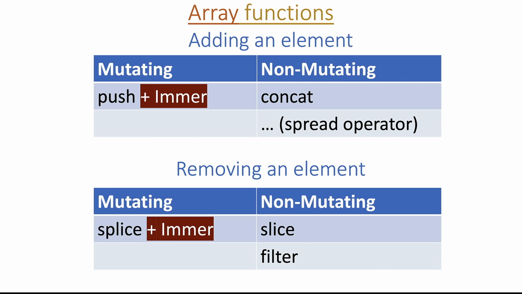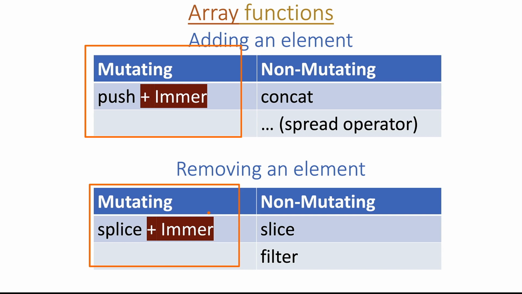And with immer, what we can do is we can use the much simpler mutating functions like push for adding an element and splice for removing an element, but we'll have to use them in conjunction with immer, and immer will help with returning a new array. A lot of developers prefer using the mutating methods listed over here, and so immer became very popular, so popular in fact that it has been included into the Redux toolkit library.